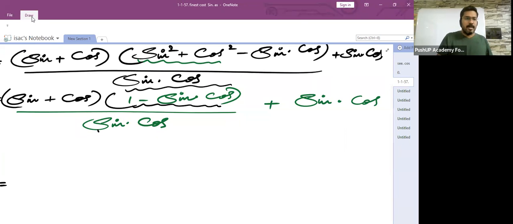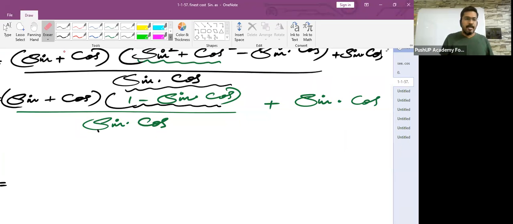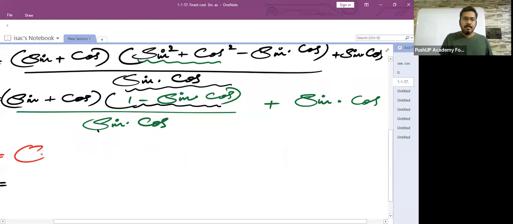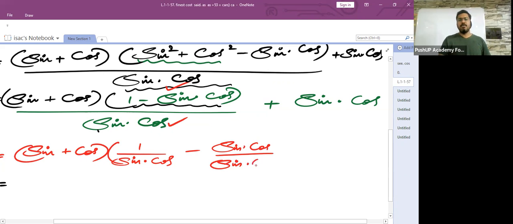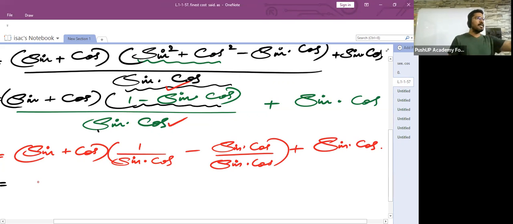Children, I am dividing the terms in this bracket, 1 minus sine cos, with the denominator sine cos. So 1 will get divided with sine into cos, minus sine into cos will get divided with sine into cos. Now is it clear? Plus, don't forget to mention sine into cos. All right. Now things are clear.